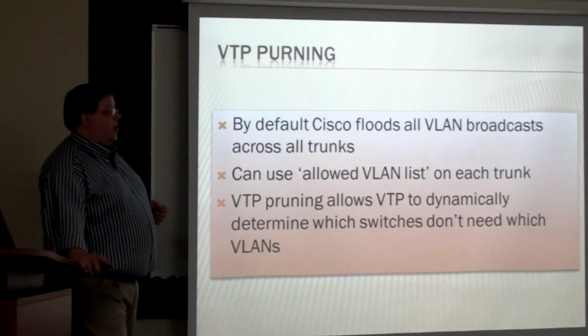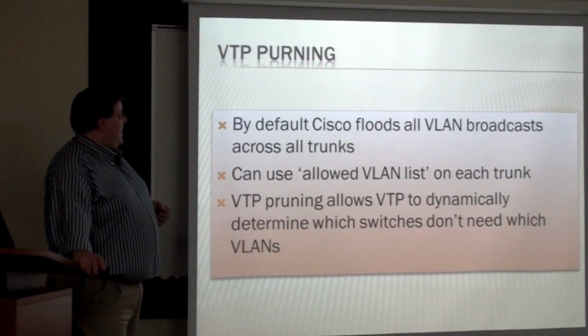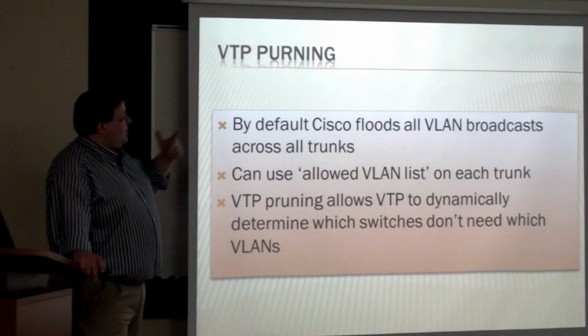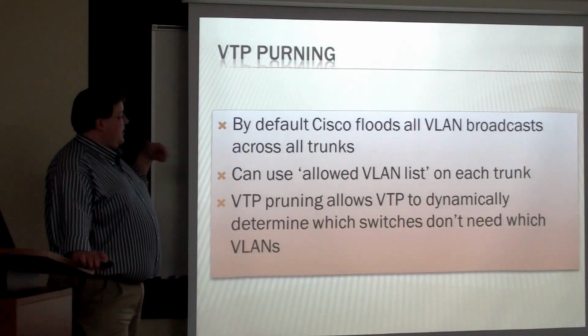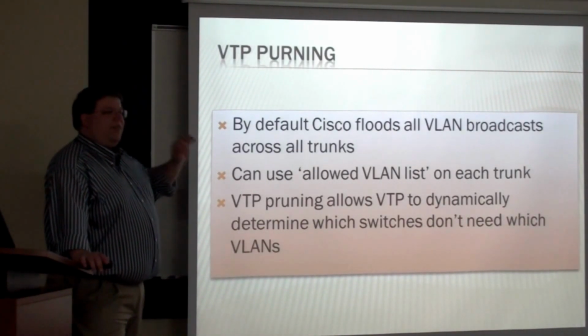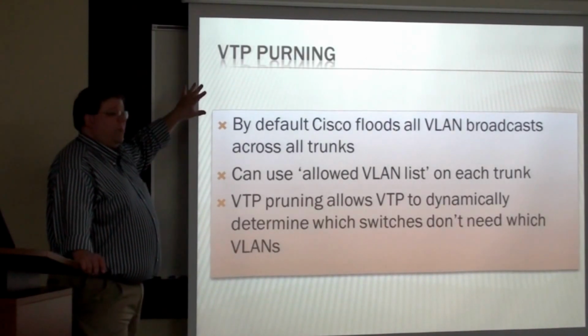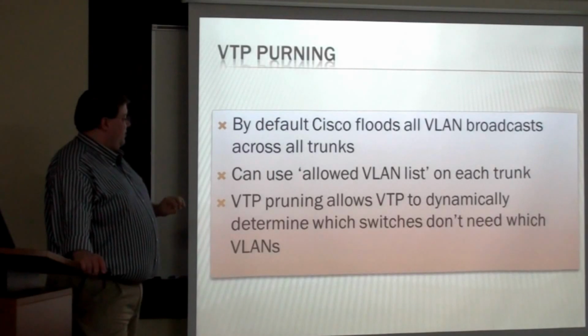Again, it'll make your network much more efficient. But if you don't have it, Cisco will flood all VLAN broadcasts across all of your trunks, kind of defeating the purpose of creating those trunks and VLANs. So you want to turn VTP pruning on to make things more efficient.